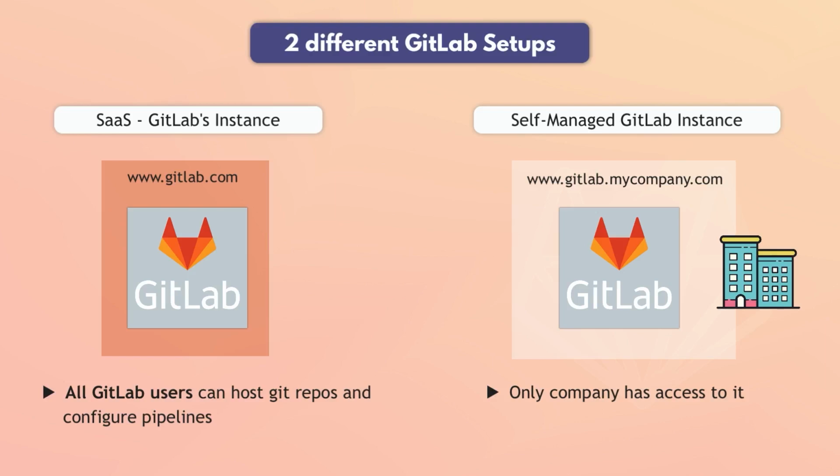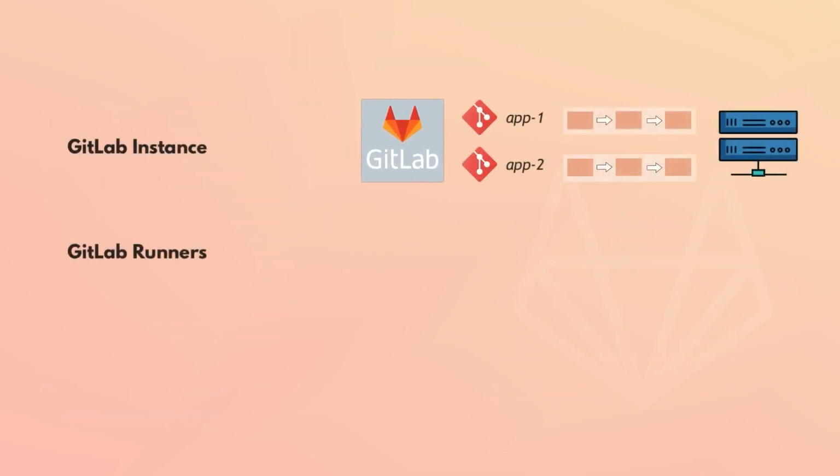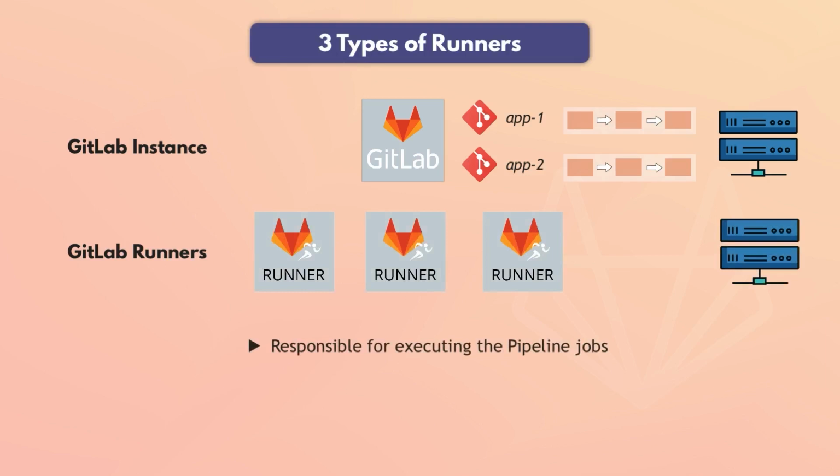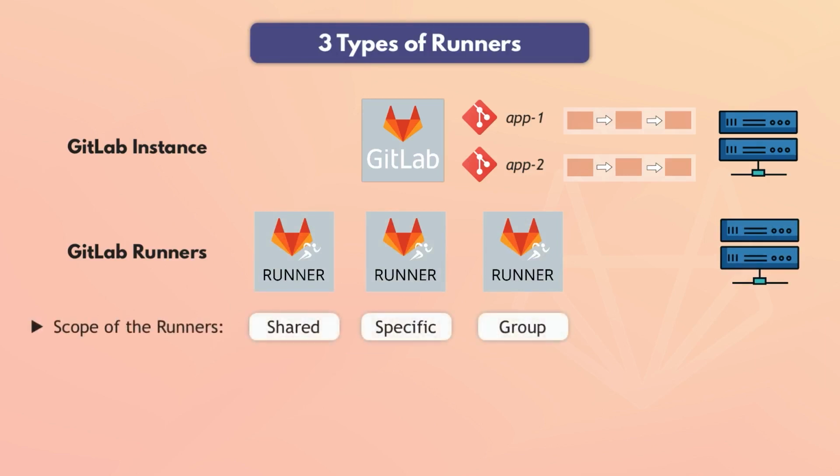On the second level, once we have that GitLab installation in place with projects and CI/CD pipelines, for those pipelines we need to configure GitLab runners, which actually execute the jobs in those pipelines. And we saw that we have three types of runners that can be registered with the GitLab instance. We have the shared runners, which the gitlab.com instance provides us out of the box as managed shared runners.